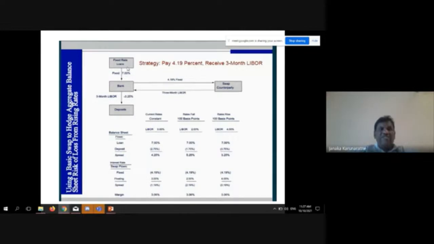You have given fixed rate loans at 7% and you have raised deposits at 3 months LIBOR minus 0.25%, that is, 25 basis points. So you receive a fixed rate of 7% from your loans, and you have to pay your deposits at 3 months LIBOR minus 0.25%.